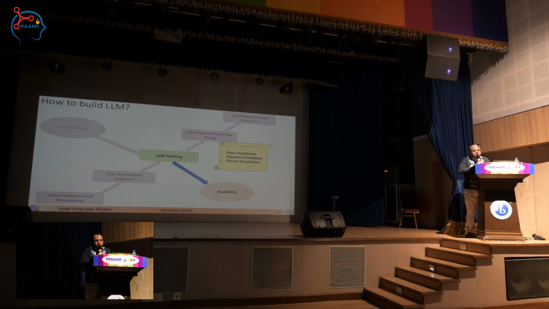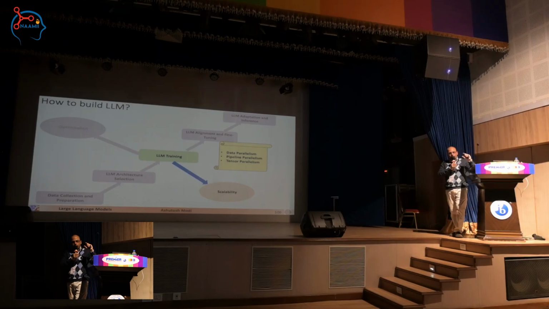And the other is tensor parallelism, where you break up, let's say, these weight matrices. You can factorize these weight matrices into smaller matrices, do the operation using these smaller matrices, and then combine them together later.